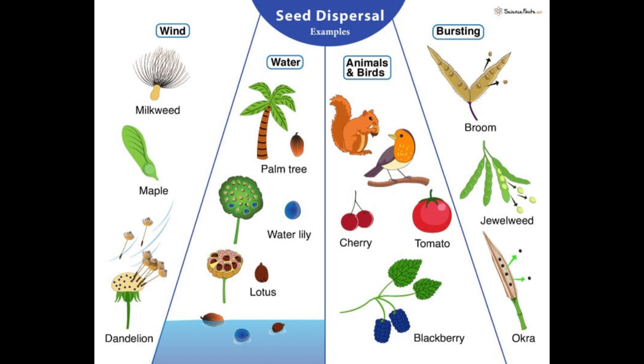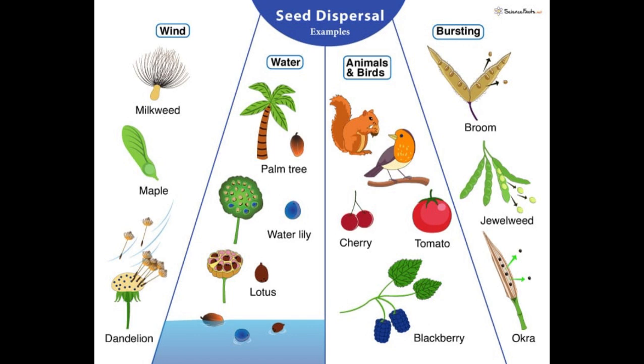First, dispersal by wind. This type of dispersal is known as anemochory. The agent of dispersal is wind. Seeds must be light and small with a high surface to volume ratio. Some plants have evolved seeds that use wind power to transport them from one place to another.